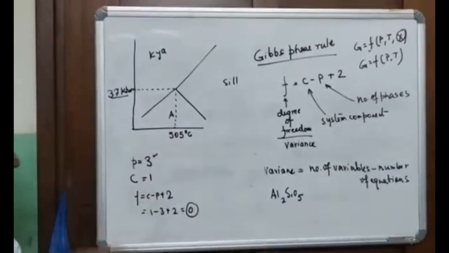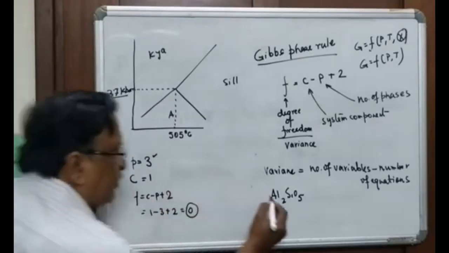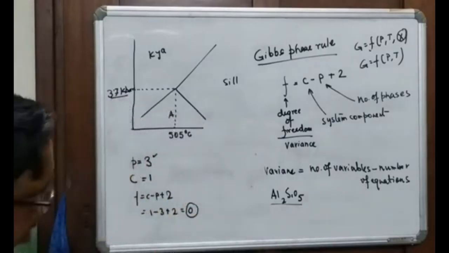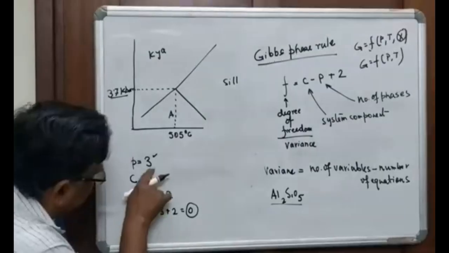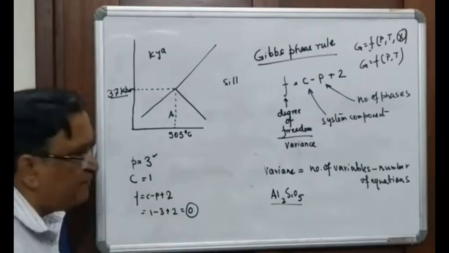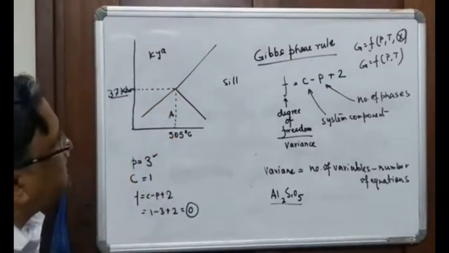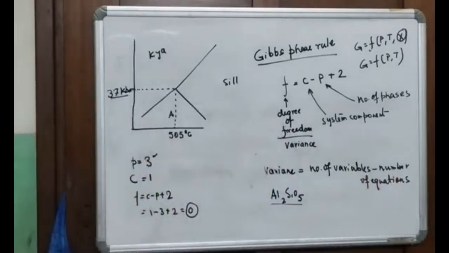And this tells us that if your system component is Al2SiO5, C is equal to 1, P is equal to 3, and then the variance is equal to 0. Meaning what? Meaning the number of variables is equal to the number of equations.